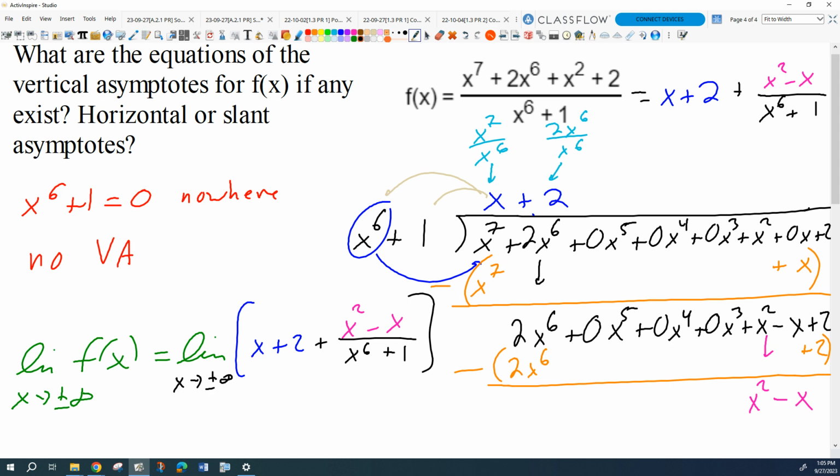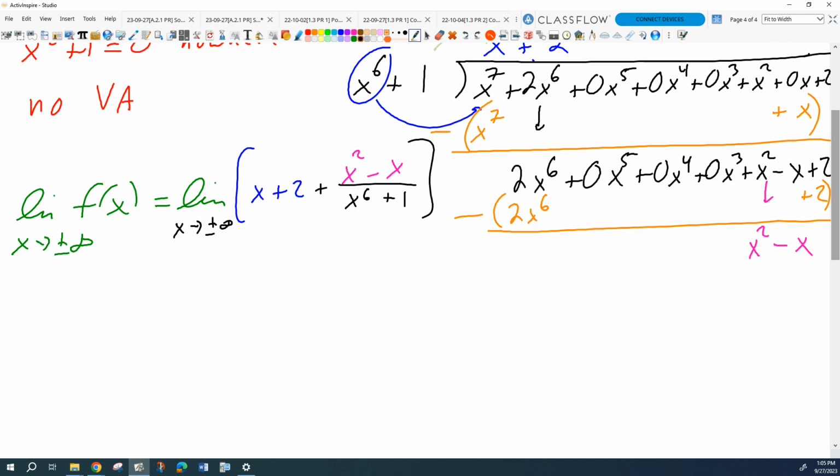Okay, what's going to happen to that limit? What happens to that limit? Anything go to 0? Yeah, the remainder term, right? That rational function will always go to 0.